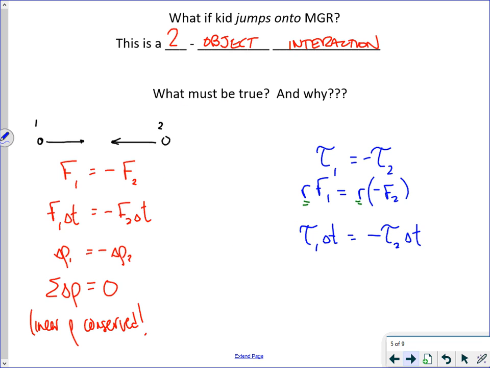So this says that when objects interact, one of them experiences one change in angular momentum. The other one experiences an equal and opposite change in angular momentum. And that means that the net change in angular momentum of the system is also 0.